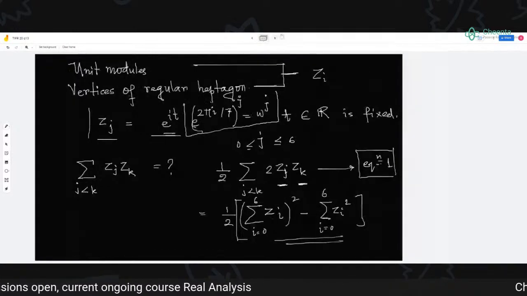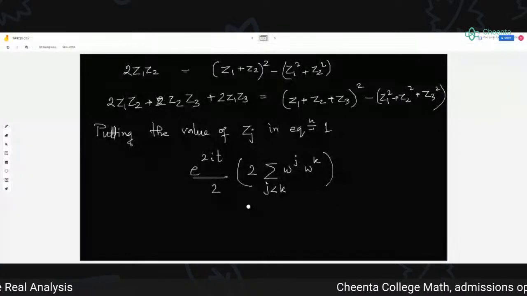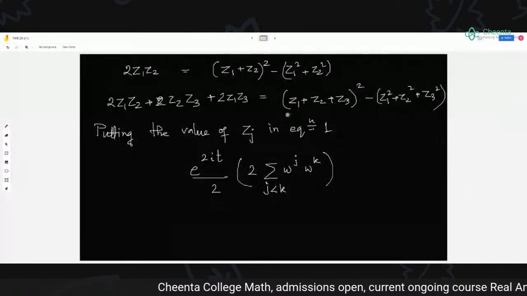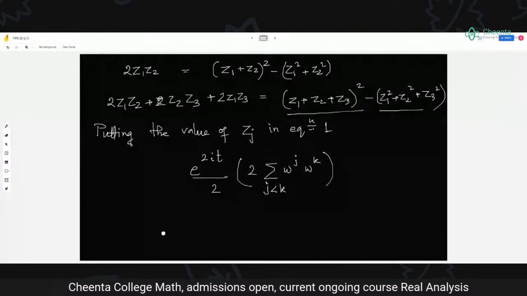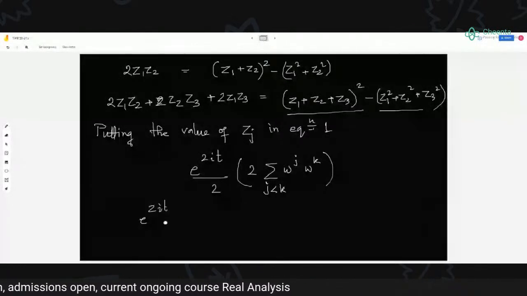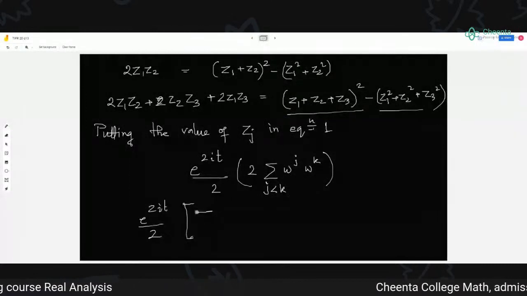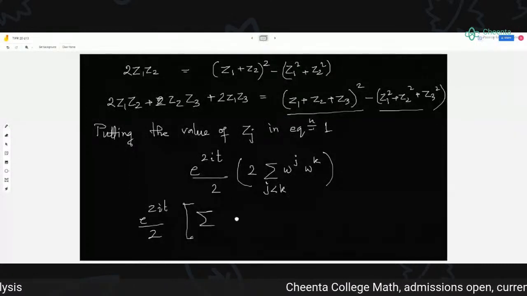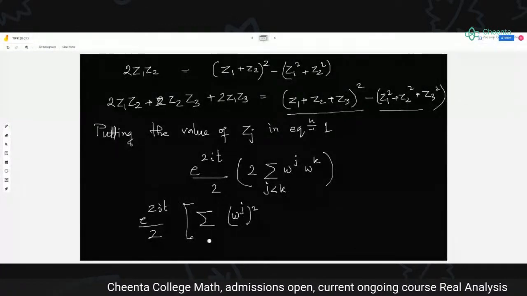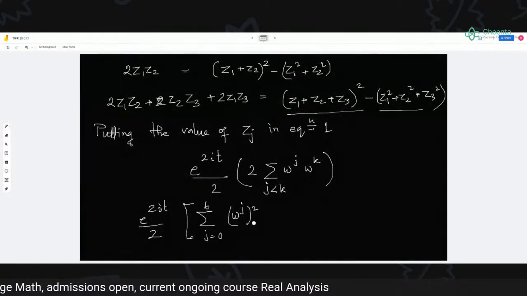So now, if I have this, then what basically happens? It is practically following this rule. So then you have something like this in your hand: e to the power 2it by 2, then summation over omega to the power j whole square, j equals 0 to 6.